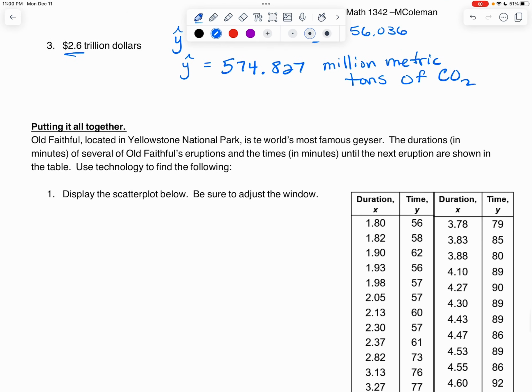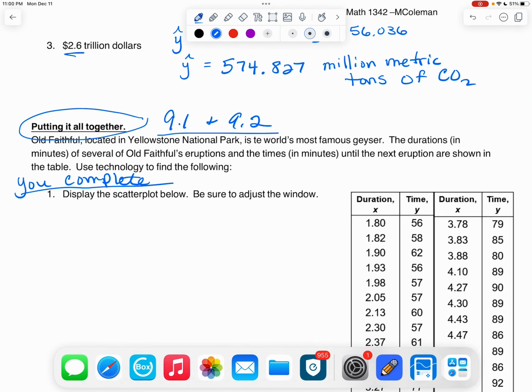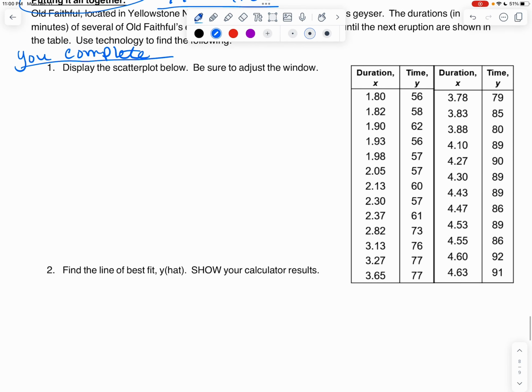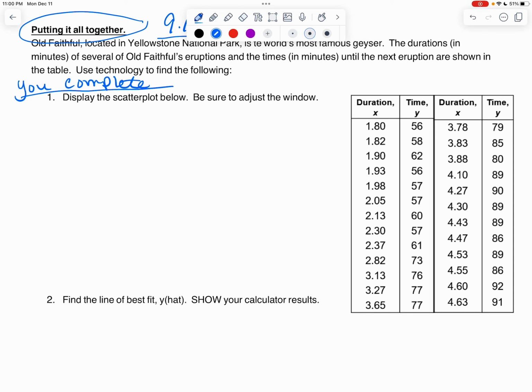All right. So now, putting everything that we learned in section 9.1 and 9.2, I want you to do this problem. So you complete this. Look at your data set. It's a lot larger data set this time. We now have 26 pieces of data.